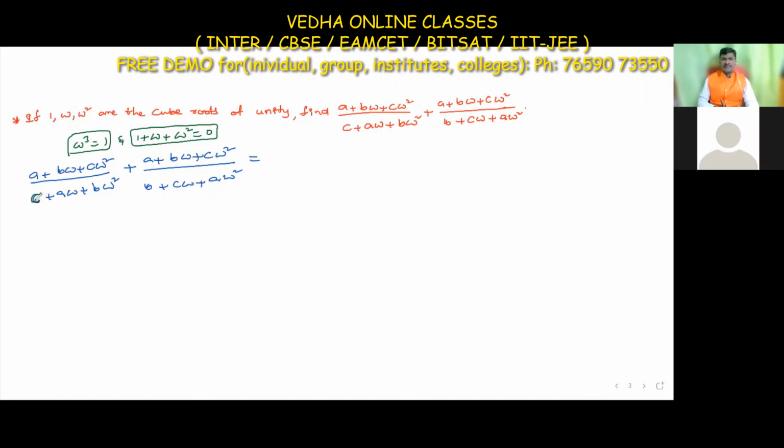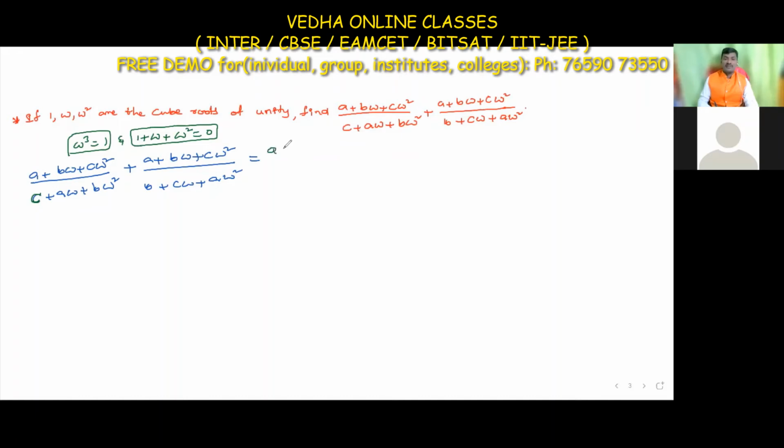Here we have c in the denominator without any omega or omega square, and here we have c omega square. Only check any one coefficient. If we take omega square common, then we get c in the numerator also, like the denominator. So how do we convert that?